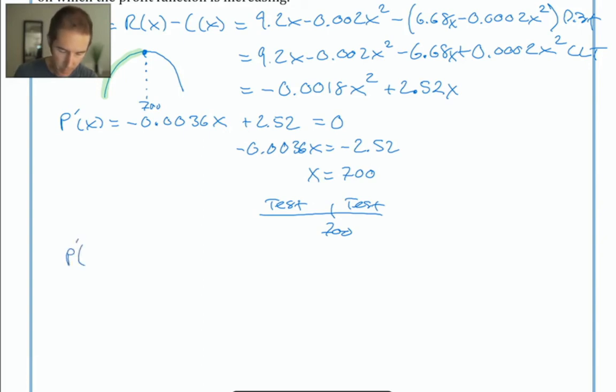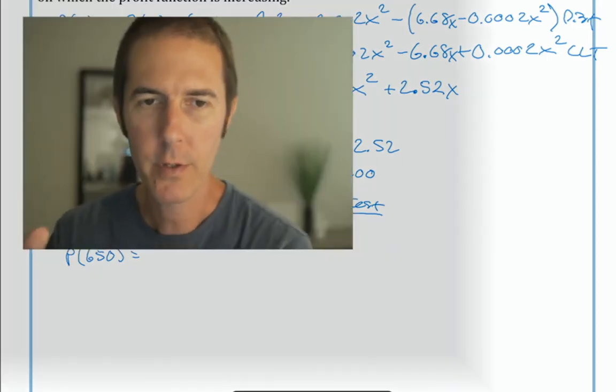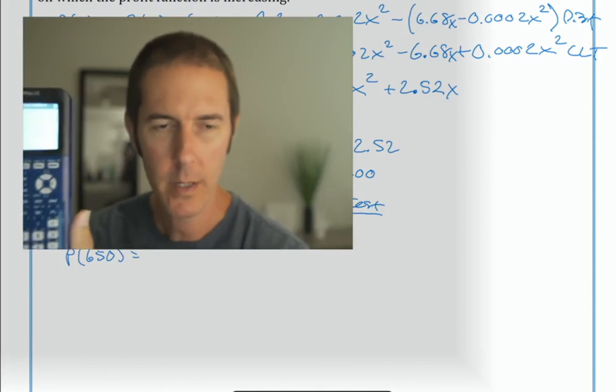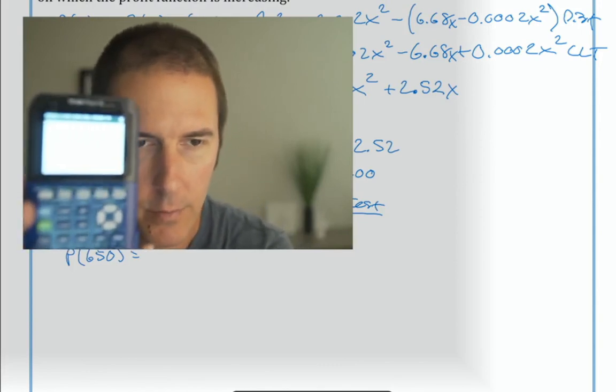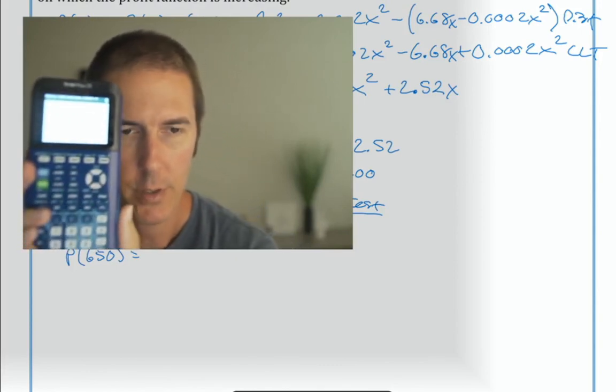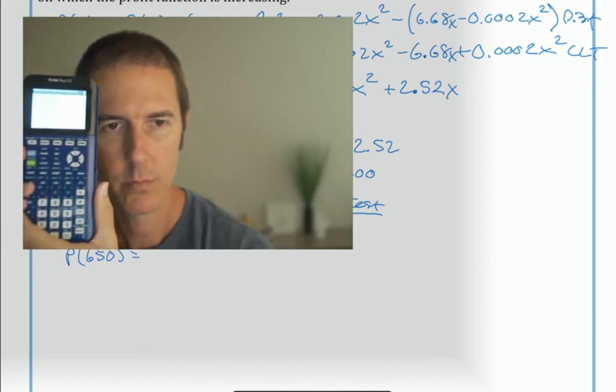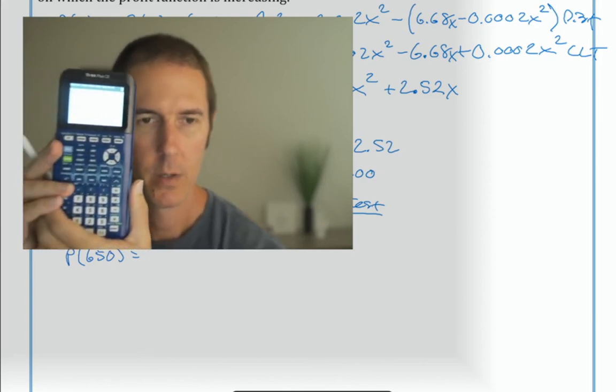P prime of, let's use 650, is equal to, I'm not going to do all of the arithmetic. What I'm going to do is, if you're using a graphing calculator, let's see if I can do this. My recommendation is to, it's tough to get this in focus.